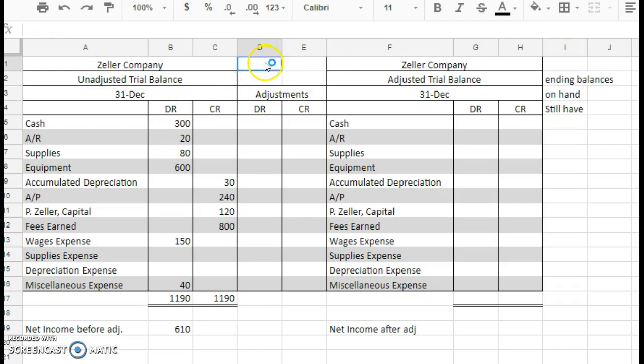The adjustments are going to be what you consumed, what you used, what has expired. So hopefully that will help you figure out where these numbers go.